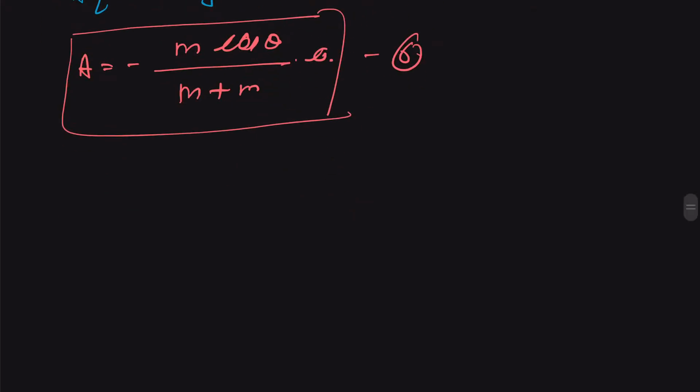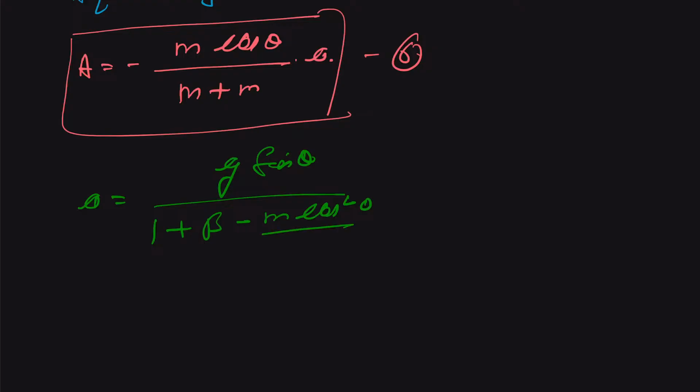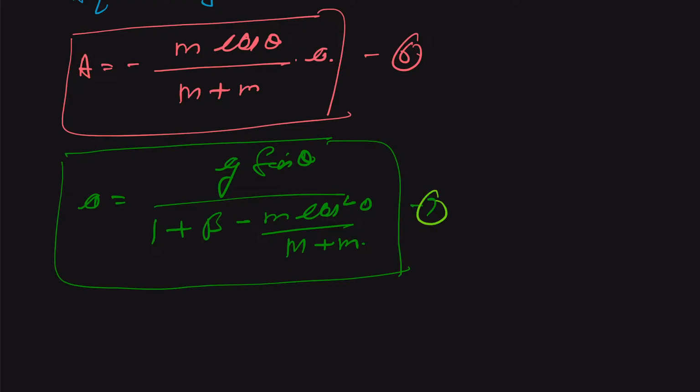So therefore we can write our small a will be equal to g sine theta times (1 plus beta minus m cos square theta) divided by (m plus small m). So this is our acceleration of the disk. This is equation number 7.